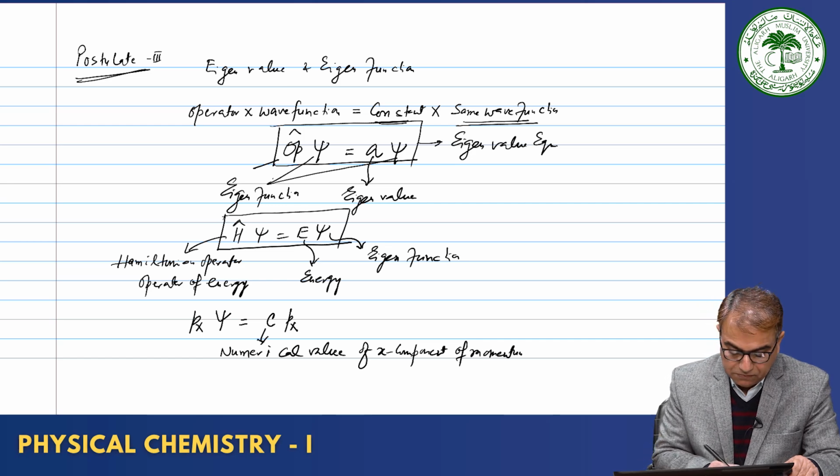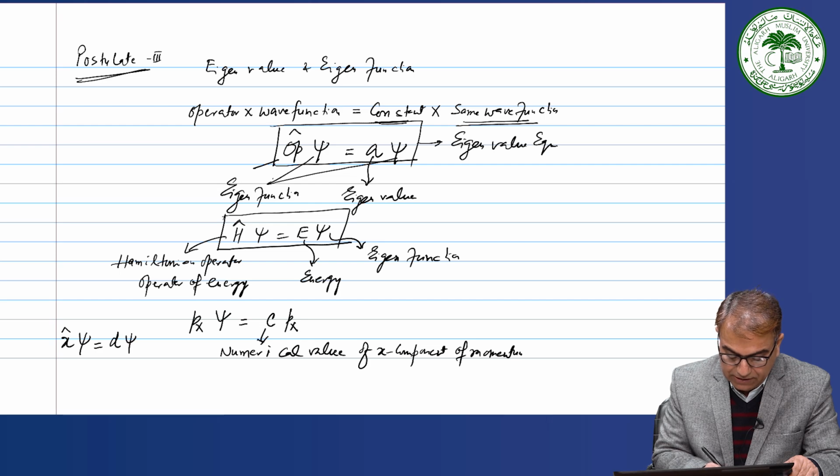If you use a position operator, operate with this and you get a value, say for example d into psi, then d is the numerical value of position.